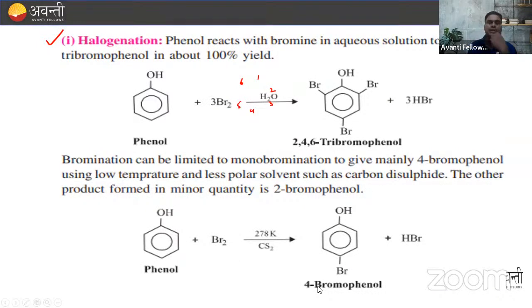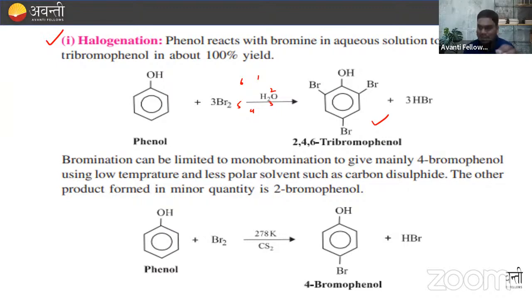Why is this happening in case of aqueous? Why is 2,4,6-tribromophenol formed? A very interesting reason here, beta. In case of aqueous, or we say water, the benzene ring, or we say the phenol ring, gets activated, right? This ring gets activated more, and the substitution takes place at all ortho and para positions.